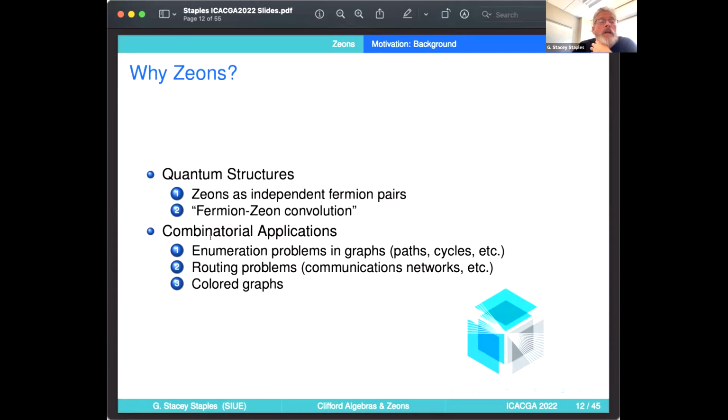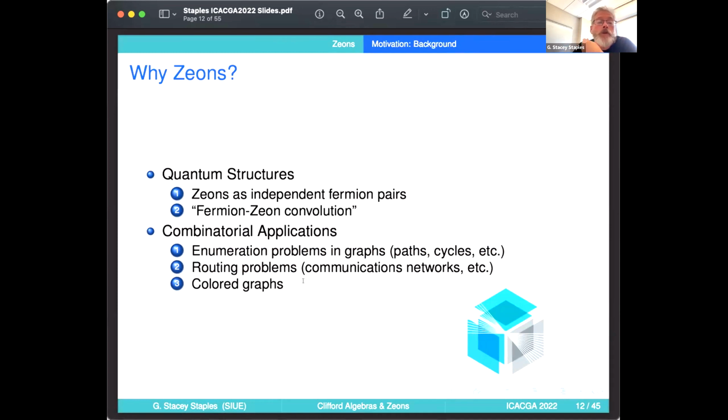And you can think of some quantum structures related to this. But mostly I want to talk today about just enumeration problems in graphs. We've done some stuff with routing problems, with communication networks, and some things with colored graphs. We're not just finding paths through graphs, but finding heterochromatic or homochromatic paths in colored graphs. And graph colorings can come in various flavors as well.